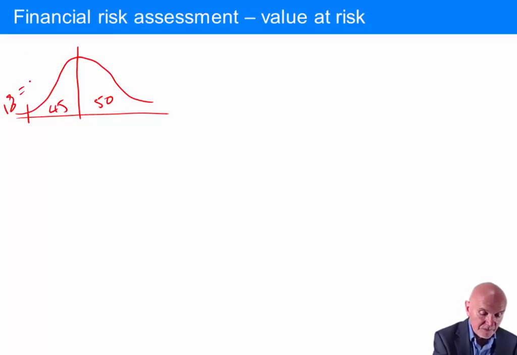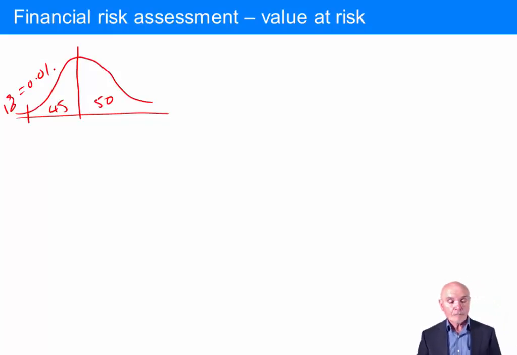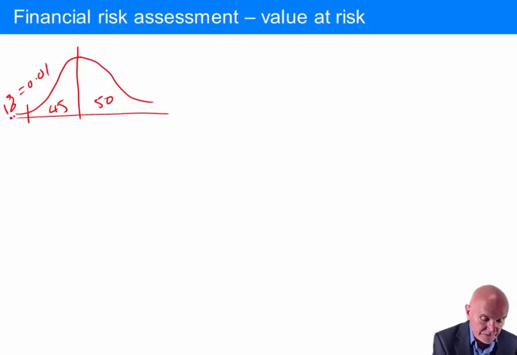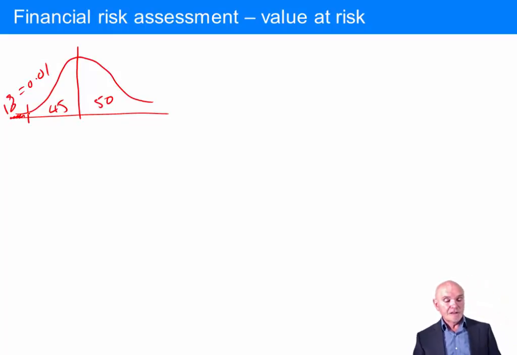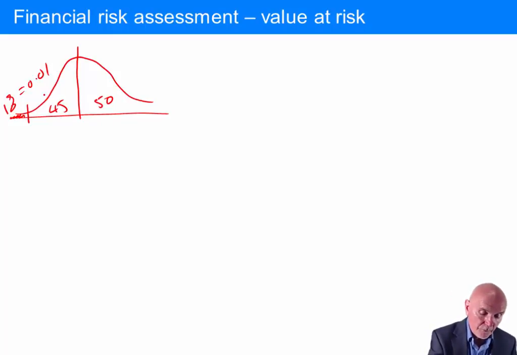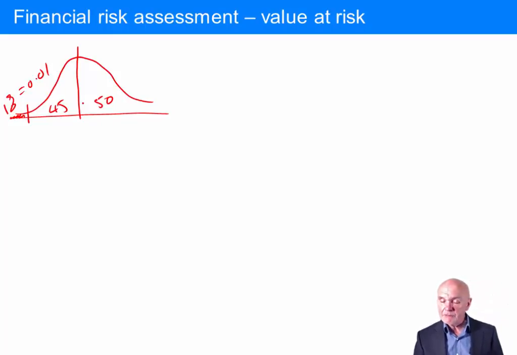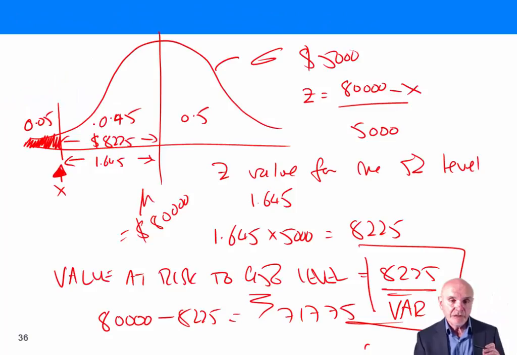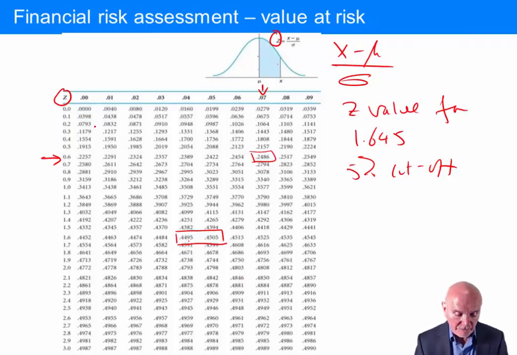Of course, 1% is 0.01. So what we need to do is we want the 0.49 area here. So in this one, we go back to the tables, we're looking for 0.49. So a big one, wrong.